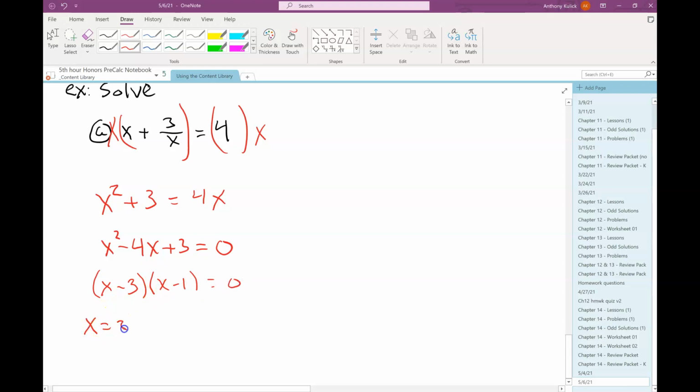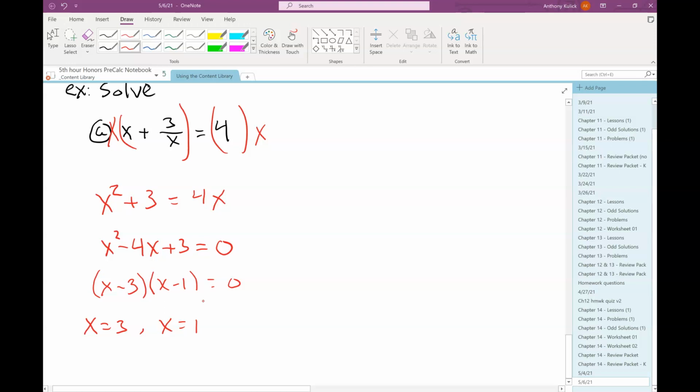And when I set each of those factors equal to 0 and solve, I get x equals 3 and x equals 1. I'm not done though, because it is possible to get extraneous solutions here. So I do need to check my answers. Although I don't need to do a full check of my answers. I don't actually need to make sure that both sides are equal.